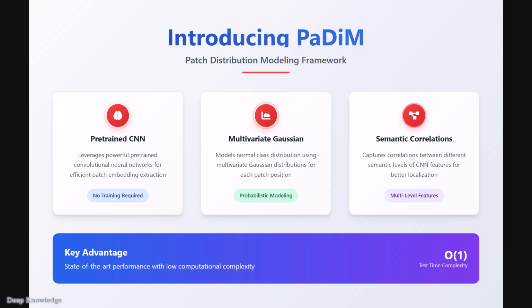We can extract these layers, and here we can guarantee that there's a semantic correlation between these features, which should be good for the localization.